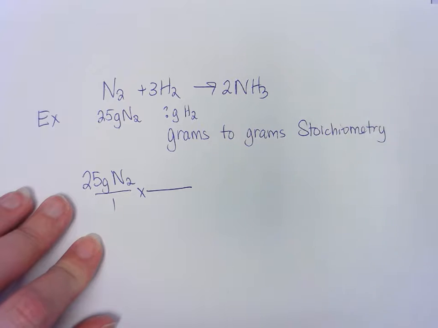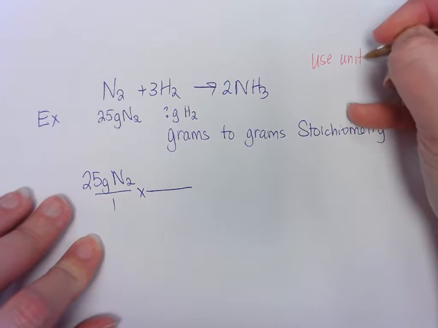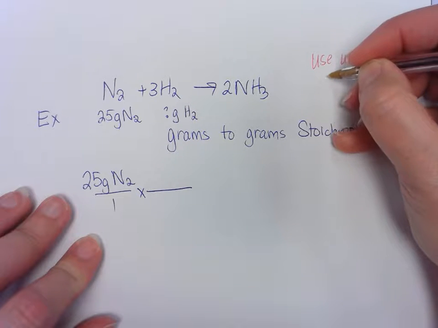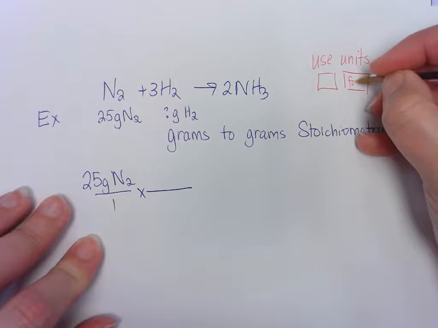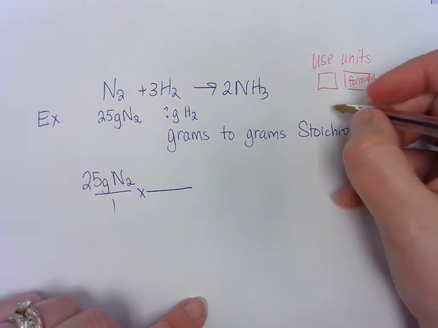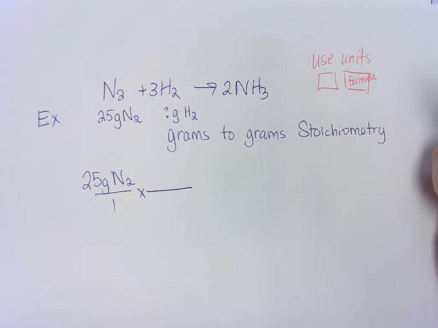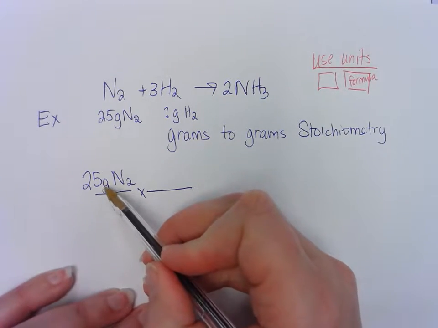We are going to set up our fraction and decide where our units will go. Now we are looking to go from grams of N2 into grams of H2, which is a totally different substance. I will caution you, you need to use your units, and units are now like a quantity and a formula, because you're going to be working between two formulas. So you need two different distinct pieces of information when you use your units. Like for instance, we have grams of N2.